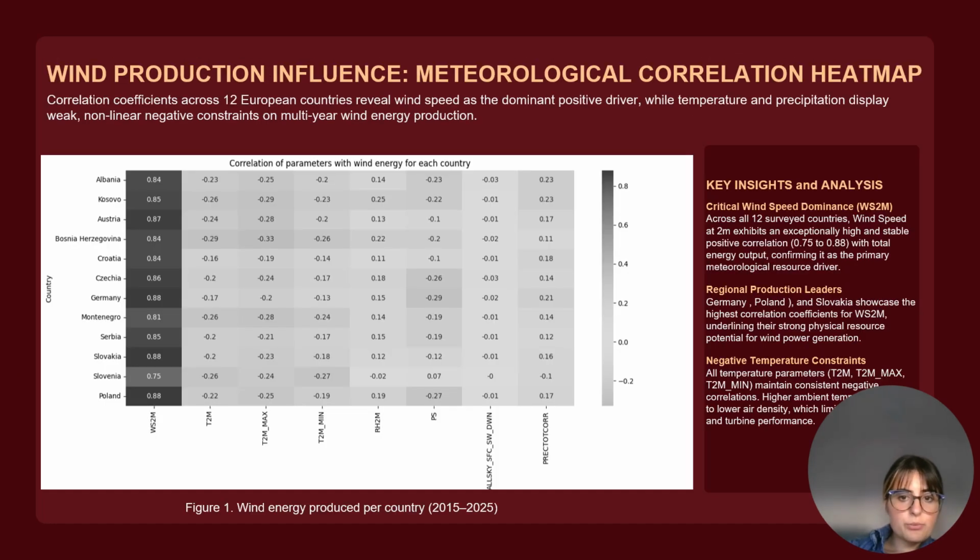On this slide, we have a correlation heat map, measured on 12 European countries, which reveals wind speed as the dominant positive driver, while temperature and precipitation are weaker, nonlinear negative constraints on multi-year wind energy production.